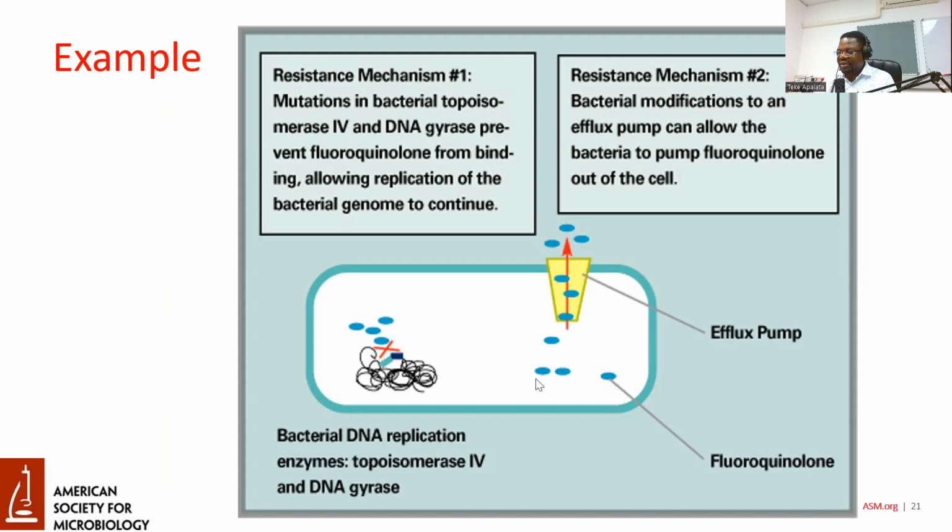Consequently, fluoroquinolone drugs come inside to try to bind and inhibit the effect on the nucleic acid, but they are subsequently pumped out of the bacterial cell. And here we can see bacterial DNA replication enzymes like topoisomerase 4 and DNA gyrase that we spoke about, that are associated with resistance to fluoroquinolones.